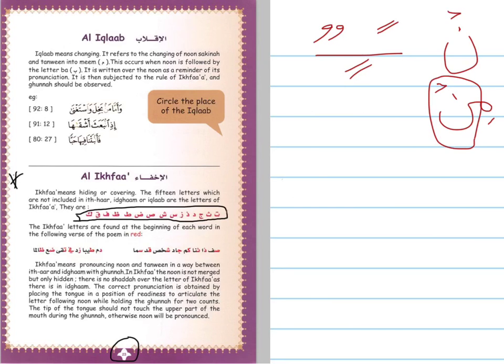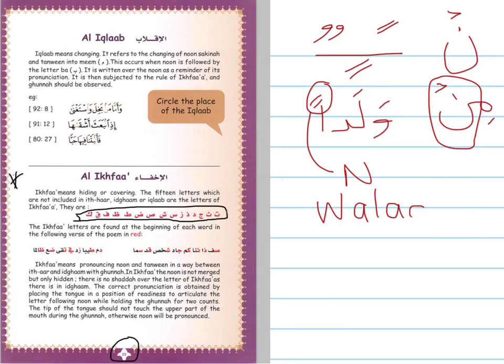Similarly, if you think about the word Walad, then this Tanween here has an N sound. If we write it in English: wa, la, dan. Waladan. So this N sound is there.